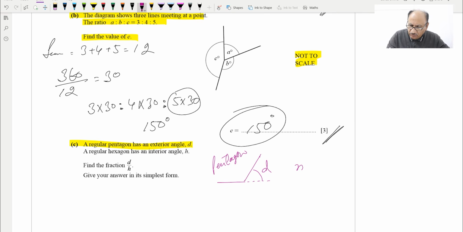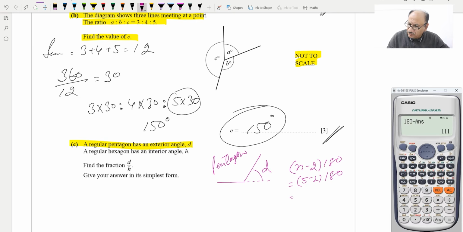The formula is n minus 2 into 180, where n is 5. So 5 minus 2 into 180 results in 3 into 180, and 180 multiplied by 3 will be equal to 540.